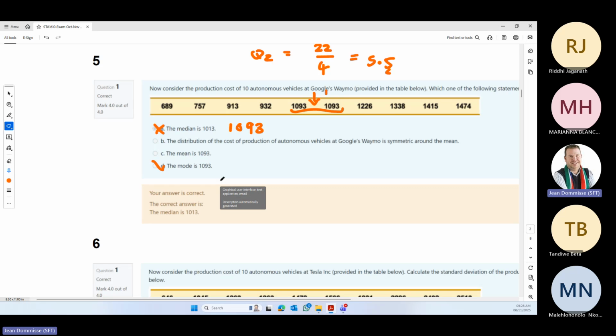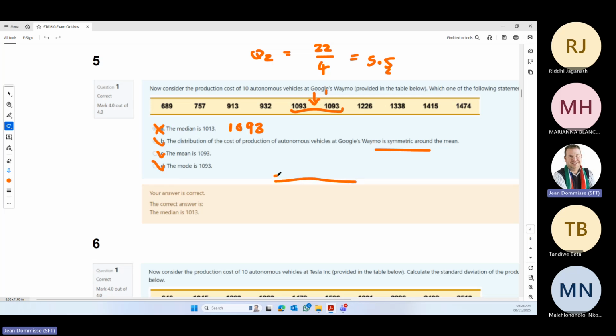We divide that by 10. Okay, the mean is also 1093. And because mean, median, and mode is exactly the same, the distribution will be symmetric.